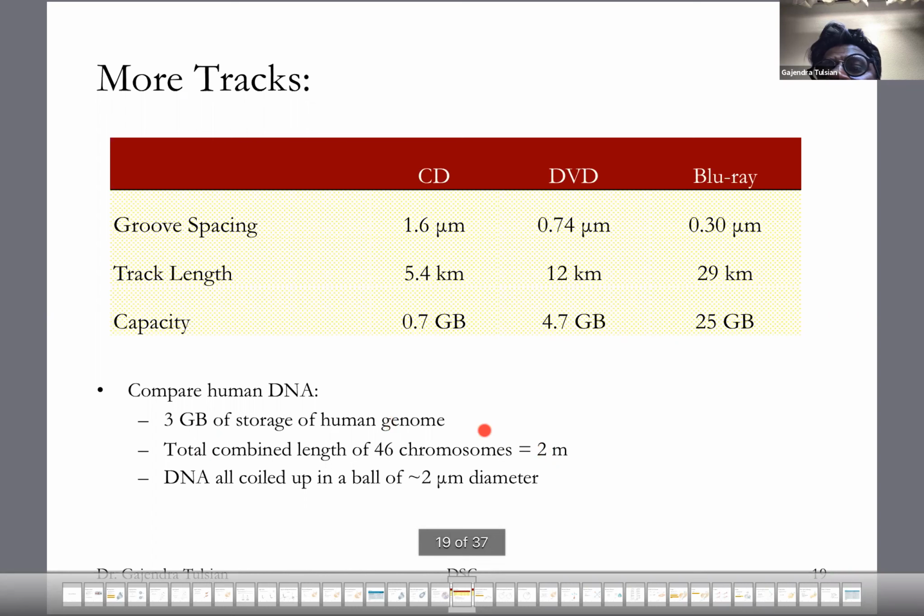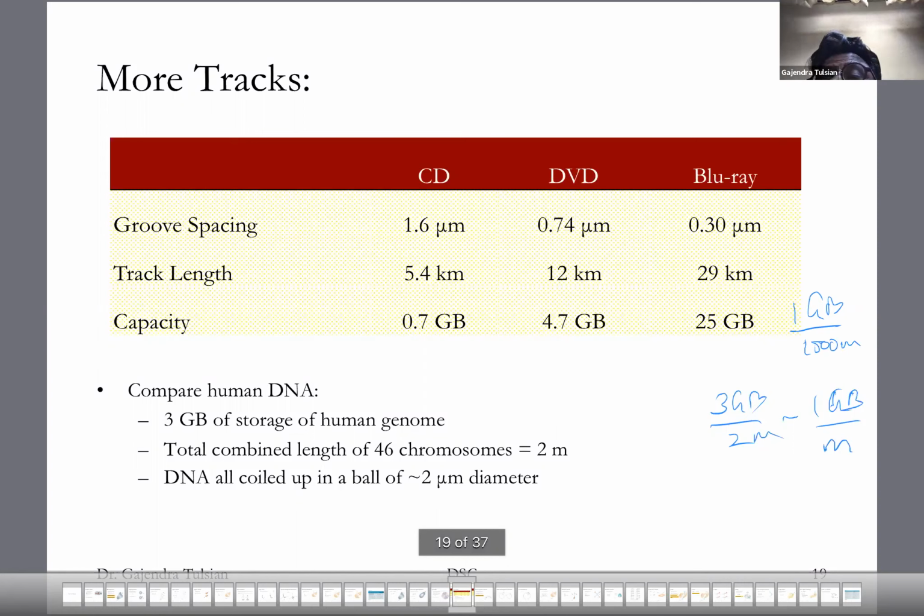So the information density here is 3 gigabytes by 2 meters, roughly 1 gigabyte per meter. This was 1 gigabyte per 1,000 meters.